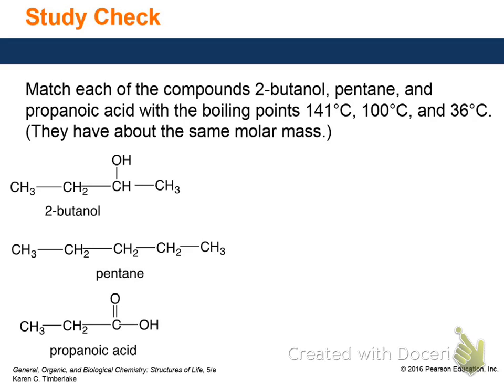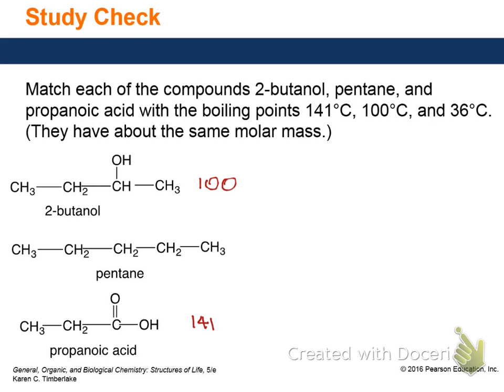Yeah, 141, propanoic acid. 100 is the 2-butanol. Yeah, 100 is the alcohol. Oops, I drew that really sloppy and big. It's still sloppy, but that's okay. And then pentane, 36.